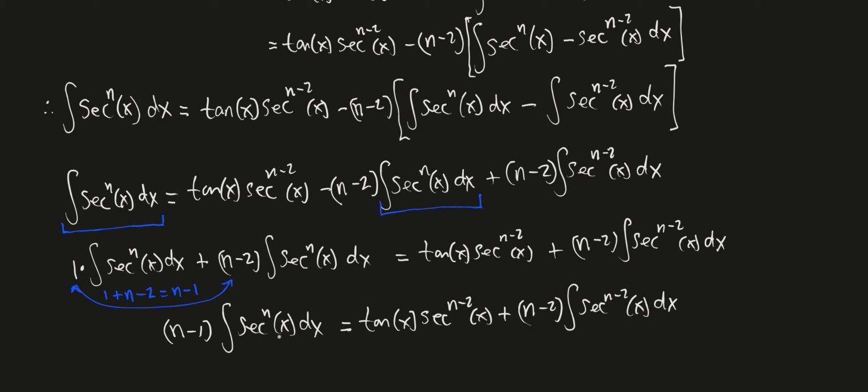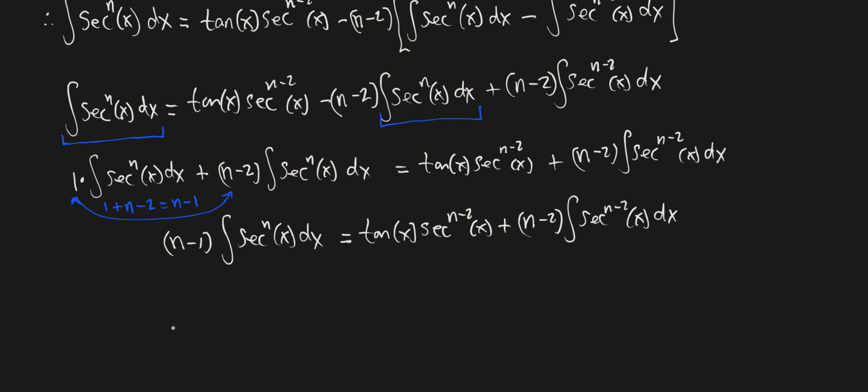And then what we're able to do now is isolate the integral that we started with by dividing all three terms, right, by n minus 1, right? So let's do that. So dividing this by n minus 1, this by n minus 1, and this by n minus 1, we end up with this very useful formula for reducing the powers of secant, right?